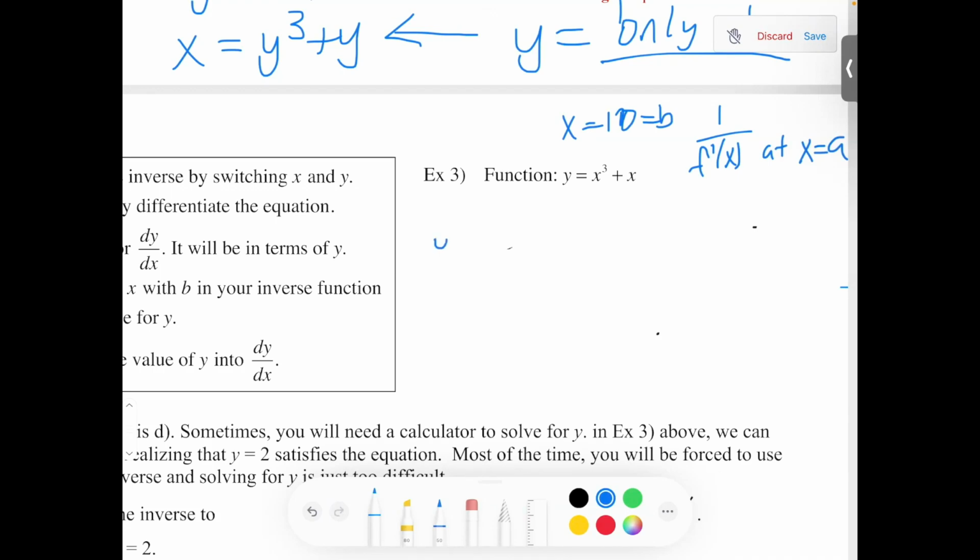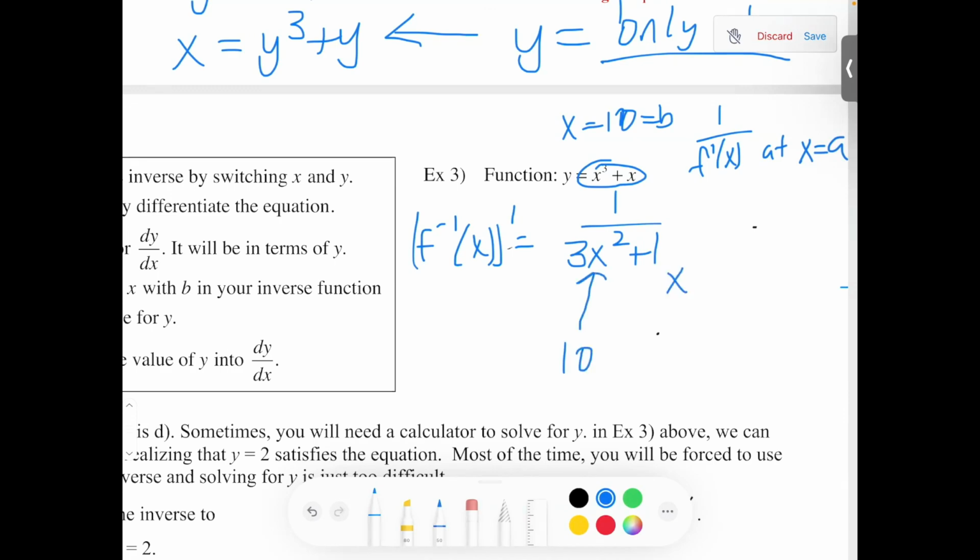So the derivative of the inverse, f inverse of x prime, would be equal to 1 over the derivative of x to the third plus x, which is 3x squared plus 1. But here's where we've got to be really, really careful. I cannot put 10 where that x is, because this x is at x equals a.